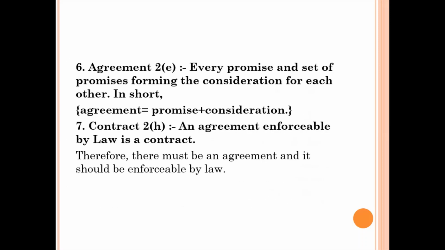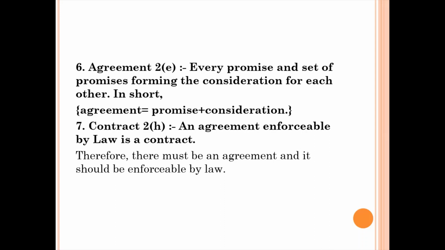The next one, the sixth one, is agreement. Now you have heard this word agreement. Is it a contract or not? What is this agreement? Every promise and set of promises forming the consideration for each other is an agreement. In short, agreement equals promise plus consideration. When a promise is combined with consideration, it becomes an agreement.